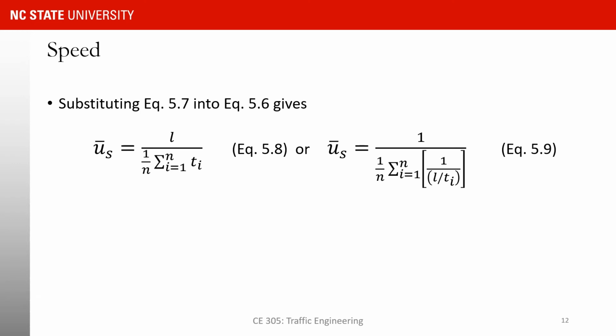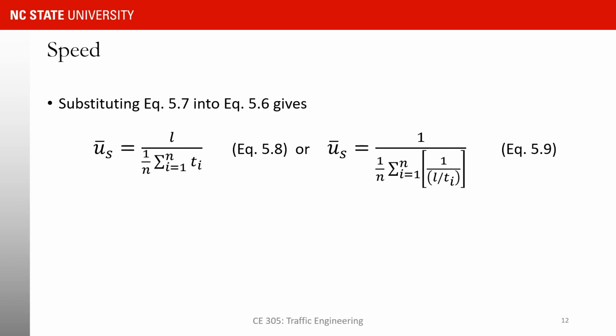So what I am trying to show you here is how we can start from space mean speed and get to a different equation that we can use to find space mean speed by looking at spot speeds.